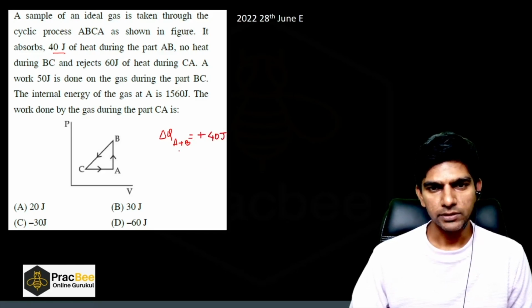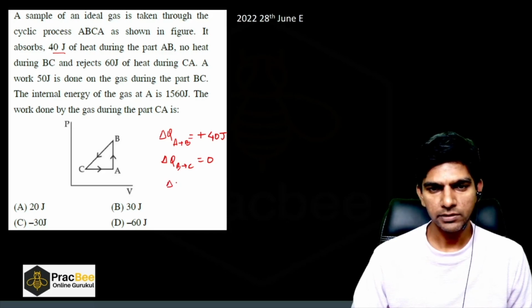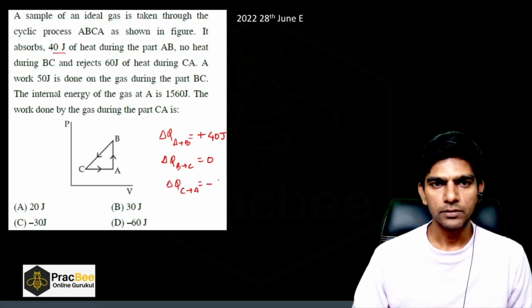And no heat during BC. So delta Q from B to C is 0. And it rejects 60 joules of heat during CA. Rejects means the heat is rejected out, so it will be negative. C to A, it will be minus 60 joules. And a work of 50 joules is done on the gas during the part BC.